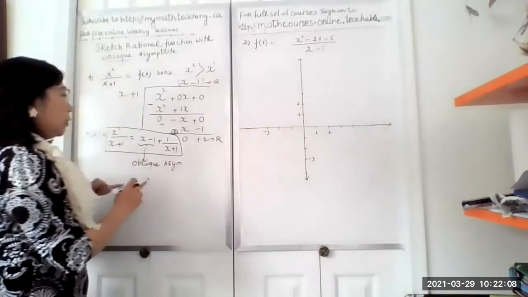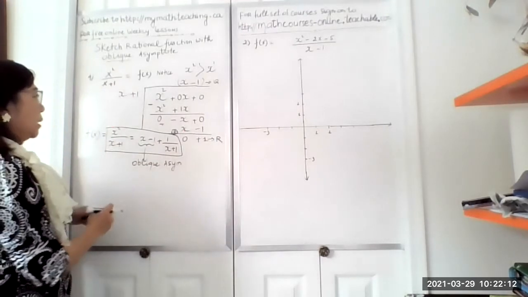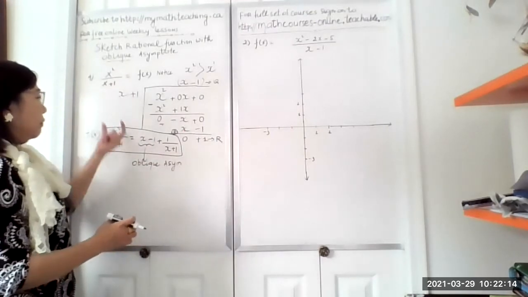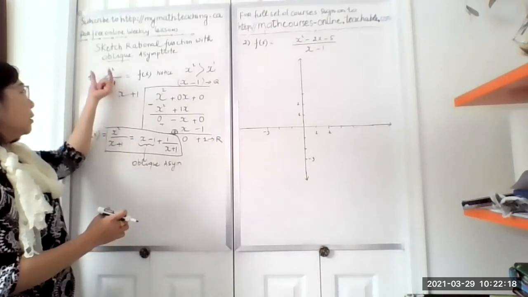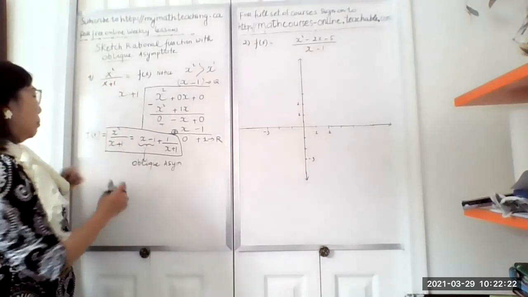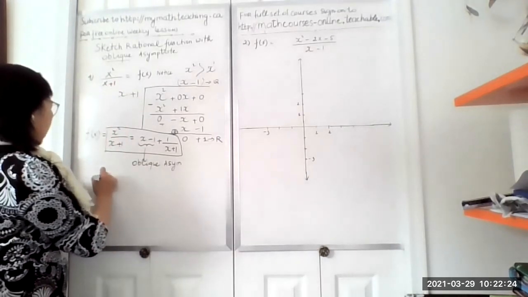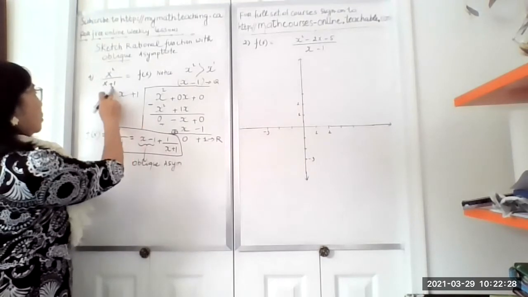Okay, so now what else do we need to find to sketch the function? We find an oblique asymptote if the degree on the top is higher than the degree at the bottom. Now we're going to find the vertical asymptote. So what is a vertical asymptote?